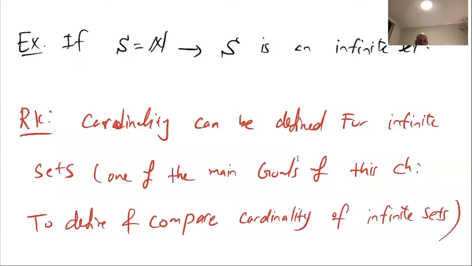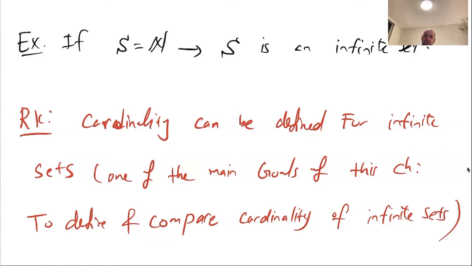So you may tell me, okay, well, this looks easy. We can say that the cardinality of an infinite set we can define as infinity, let's say. Well, yes, that's a straightforward idea. But then we will have one issue: what if we have two infinite sets?